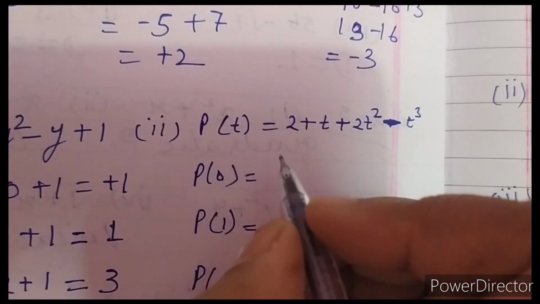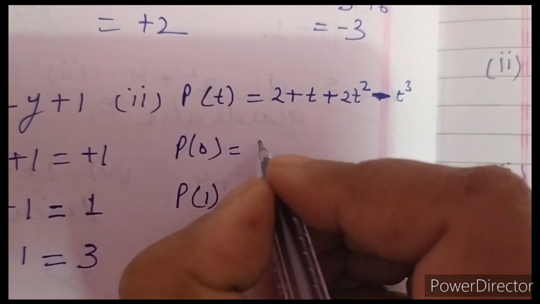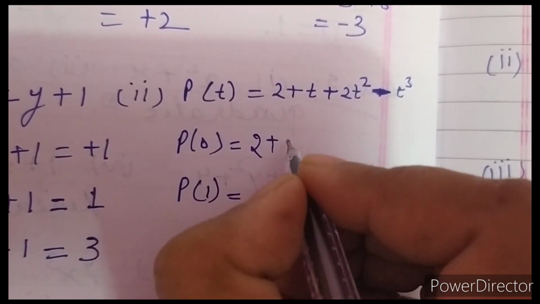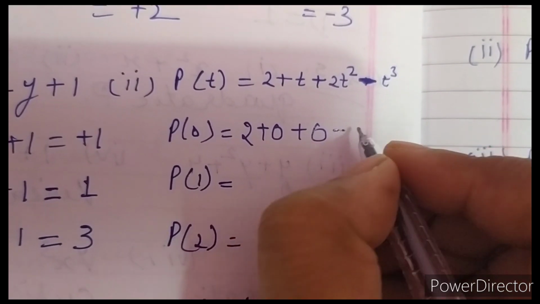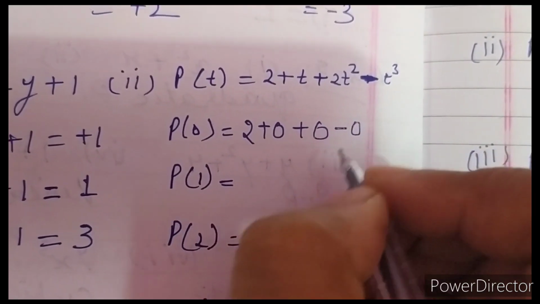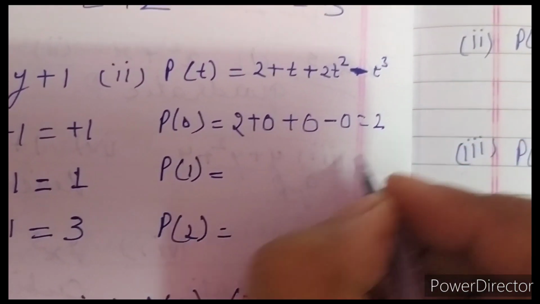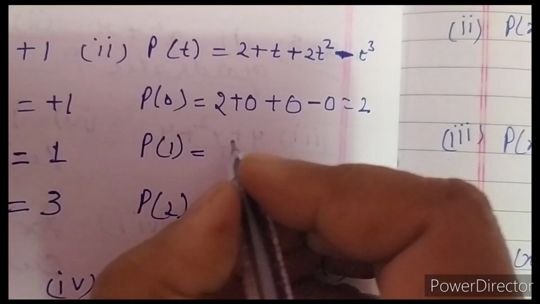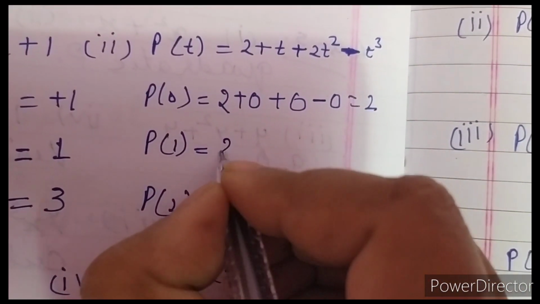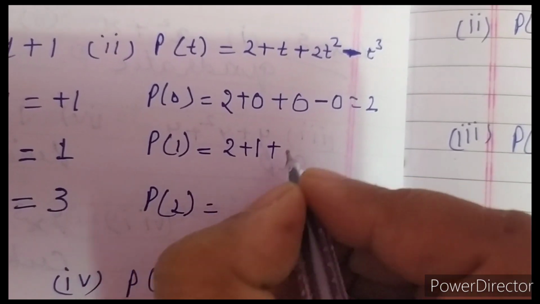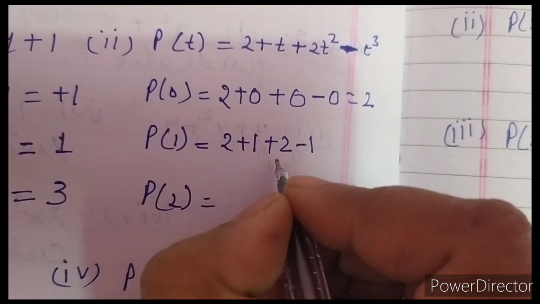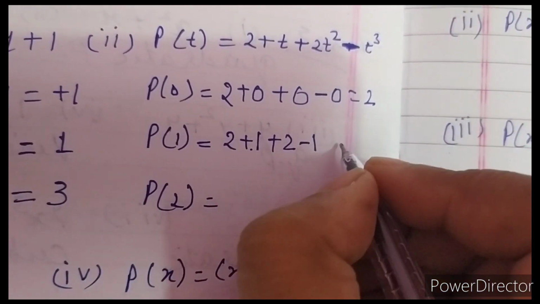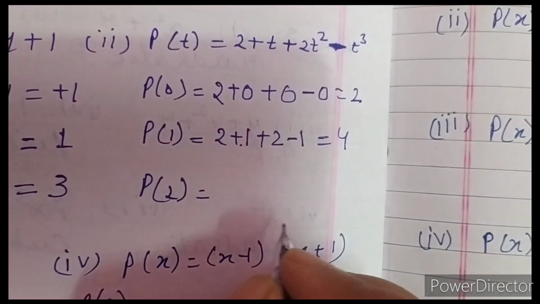Now in this case the value of t is given 0, 1, 2 again, so 2 plus 0 plus again 0 and minus 0 cube, that will be again equal to 0, so the answer will be 2. If the value of t is 1, then 2 plus 1 plus 2 and minus 1, that will be equal to 4, 5 and 5 minus 1 equal to 4.